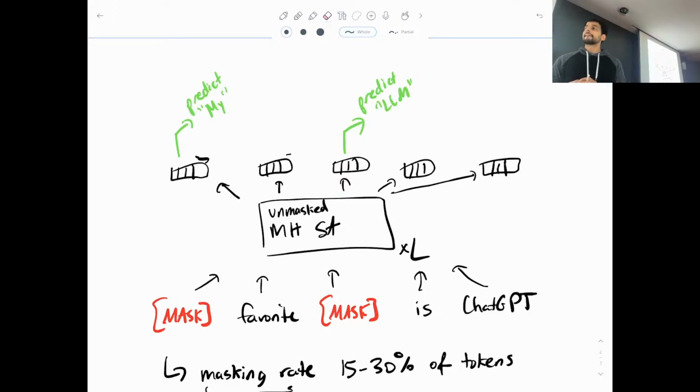Yes? What's the difference in information between a learned embedding and your output hidden states? You mean down here versus up here? So the very first layer, these embeddings, are not contextualized, right? So here, ChatGPT does not know that the second word of the sentence was favored.